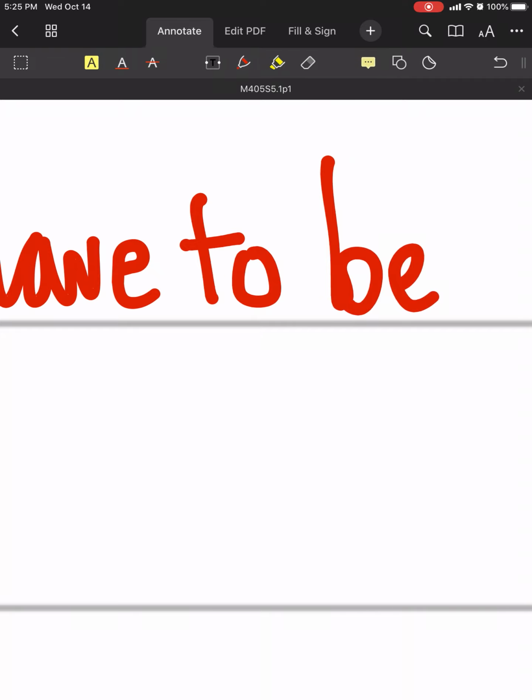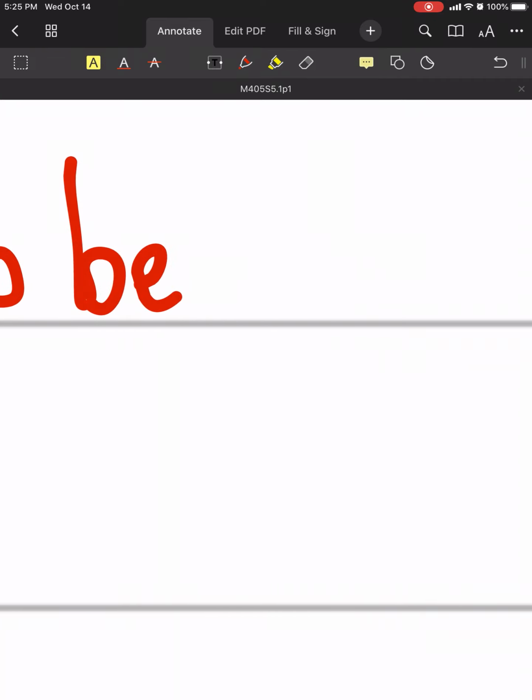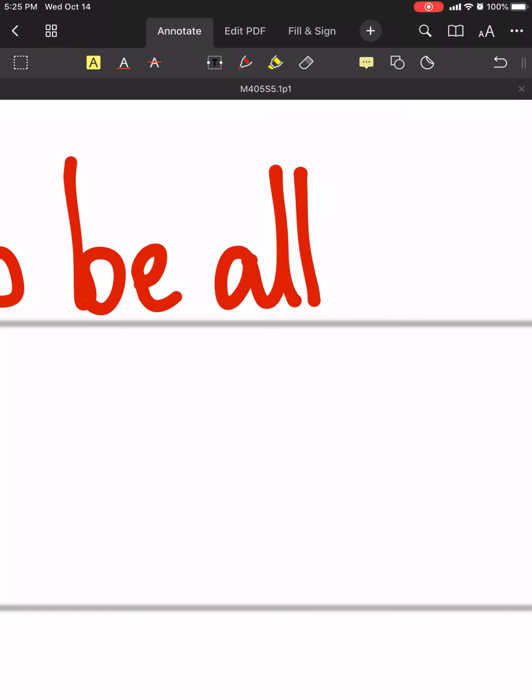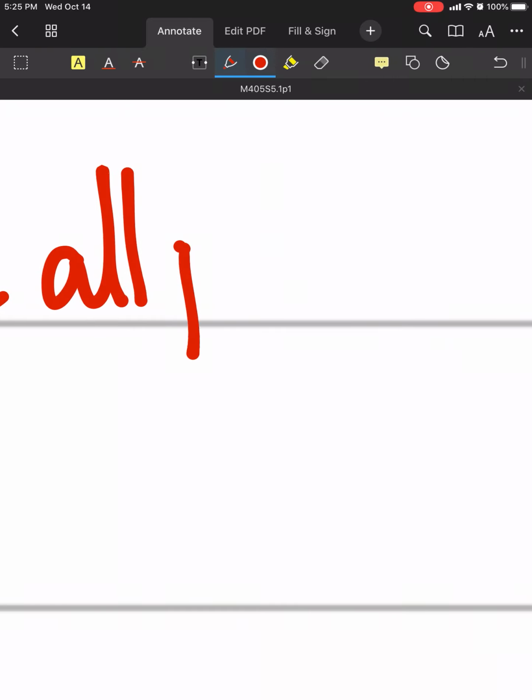A lot of permutation groups that we will be talking about will include all possible permutations, but in order for it to be a permutation group, it doesn't necessarily have to include all possible permutations.